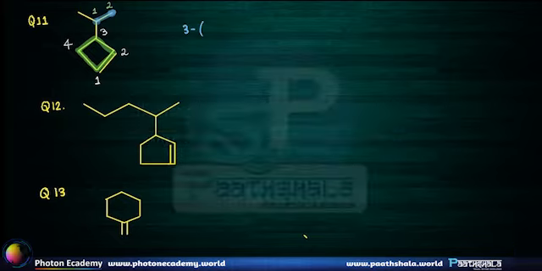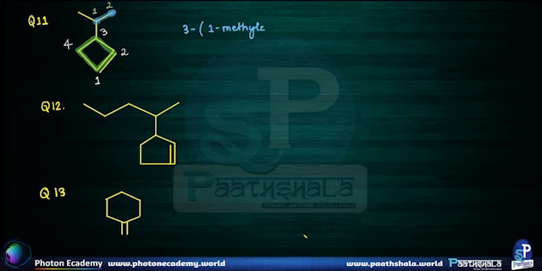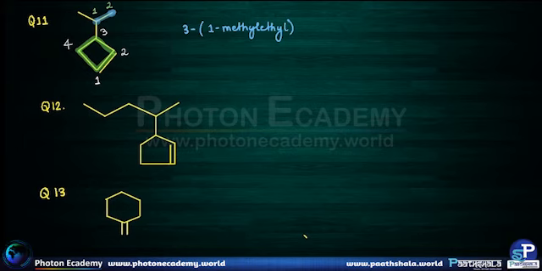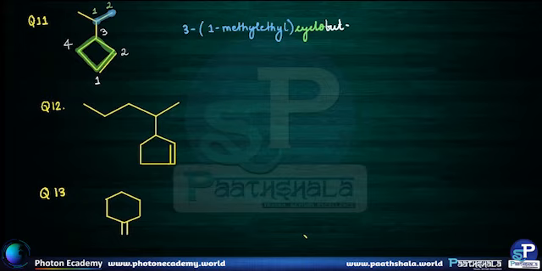On third position there's a complex substituent, so a bracket will be used, 3-(1-methylethyl). Then cyclo will be used because our main chain is cyclic this time. And the correct word root will be cyclobut-1-ene. So this is the correct IUPAC name for this compound.